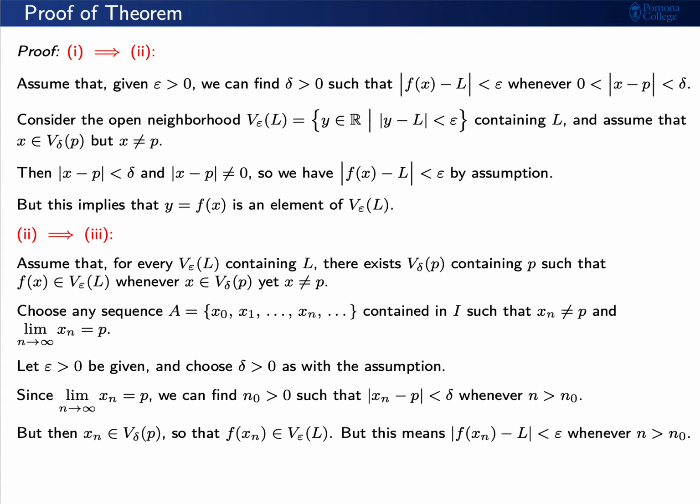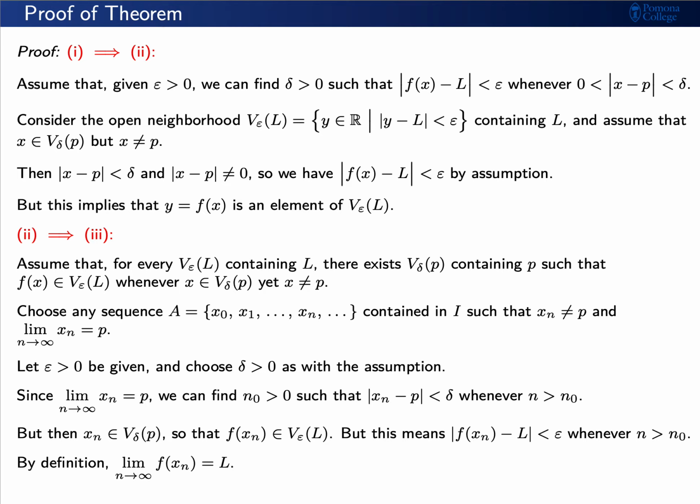But then x sub n is an element of the neighborhood V sub delta of p, so the image f of x sub n is an element of the neighborhood V sub epsilon of L. But then this means, in absolute value, |f of x sub n minus L| is less than epsilon whenever n is greater than n0. Of course, by definition, this means that the limit of f of x sub n equals L.